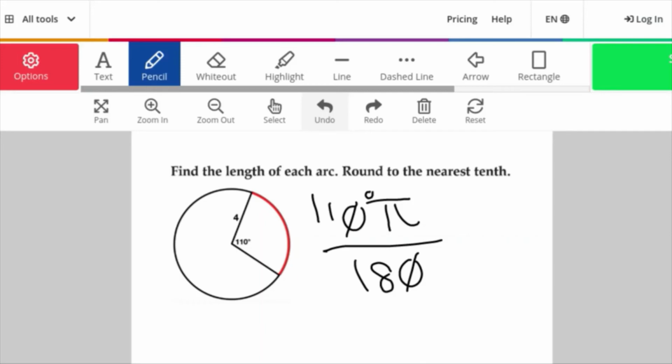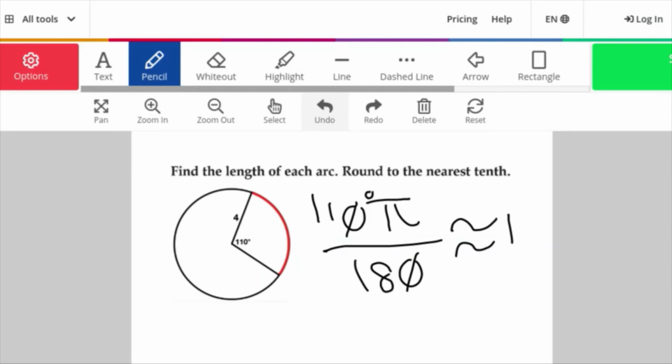Let me just open my calculator. 11 times 3.14, which represents pi, is 34.54, and then divided by 18, that is 1.91888 and so on. I'm just going to round that to 1.9. So approximately, this equals 1.9 radians.